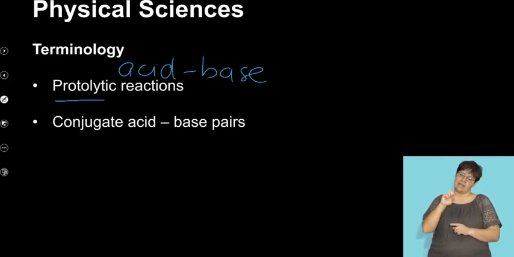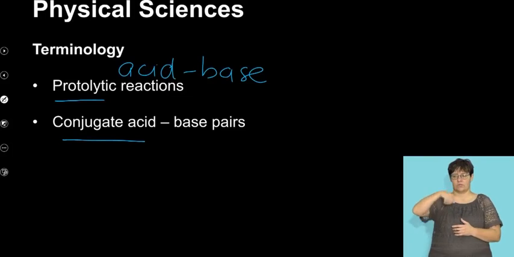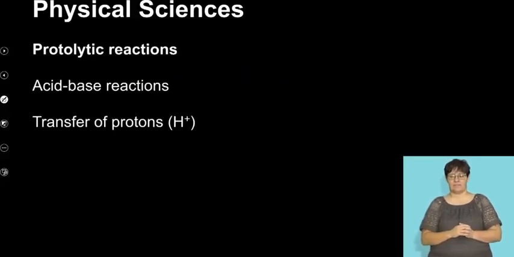Then we're also going to use the words conjugate acid-base pairs. So we will talk about a conjugate acid and a conjugate base, but let's lead on to that. Right, proteolytic reactions, as I said, are the same as acid-base reactions.